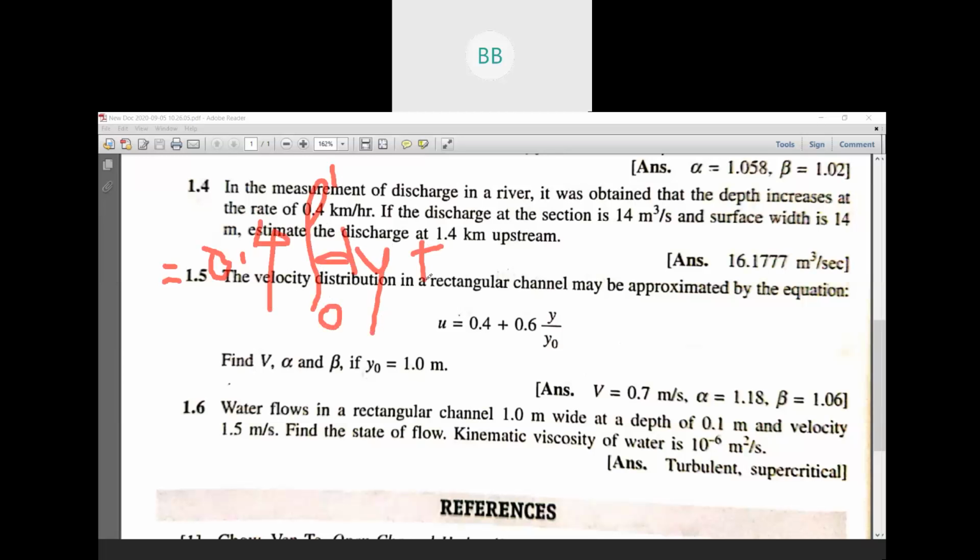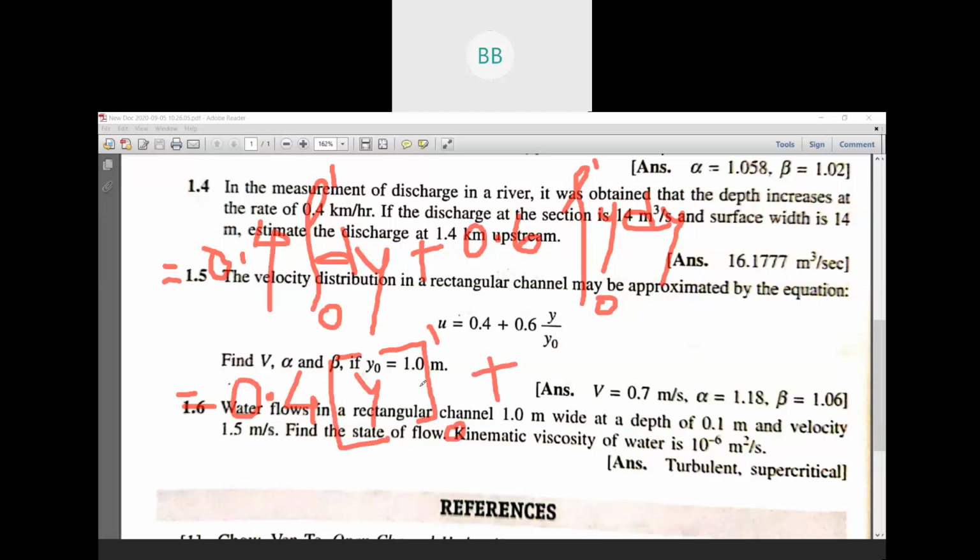So we have 0.4 integration 0 to 1 dy, plus, as 0.6 is a constant, 0.6 integration 0 to 1 y dy. We do the integration separately as we have addition. Here 0.4 is a constant, and integration of dy is nothing but your y, with limits 0 to 1.